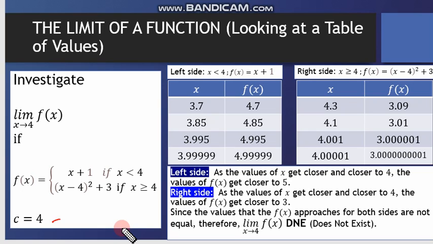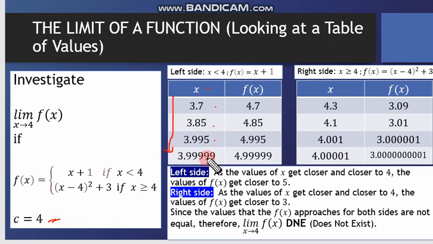We will construct a table of values where x is less than the value of 4, or our c, but is close to it. So we will assign values of x. Here I assign 3.7, 3.85, 3.995, 3.99999. Make sure that the values of x here are in ascending order.